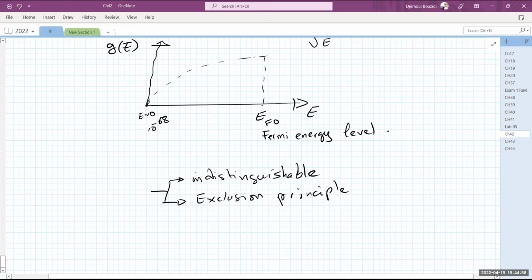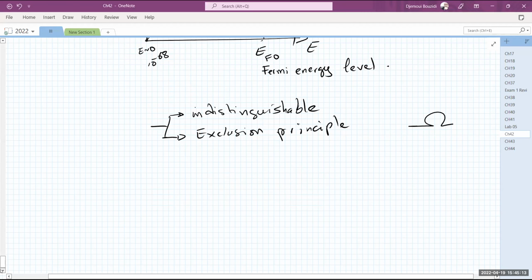If we put this requirement and go back into the expression that we did when we introduced omega, which is the macro state in that case, trying to define the macro state in terms of the distribution of the microstates, we'll find a new distribution function that is not given by Maxwell-Boltzmann distribution, but rather given by this function that I'm going to give you right now the expression for.